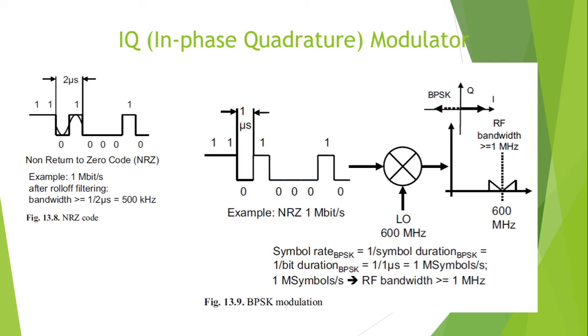If such a filtered NRZ code, you look at figure number 8 again, is then supplied, for example, without a DC component, to a mixer, as in the I path of this IQ modulator, two sidebands are produced, each having the bandwidth of the input baseband signal.